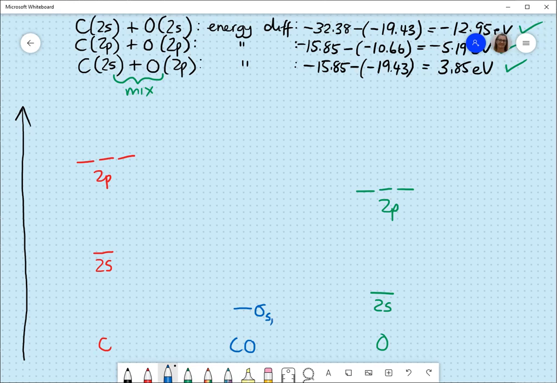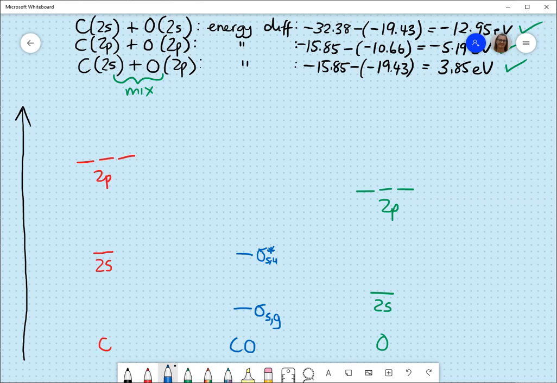Remember, it's a bonding orbital. Because it's s orbitals, it will be gerade. And then we are going to have an antibonding orbital, which is slightly less than the 2s of the carbon on its own. So this is going to be the sigma star. It will be from the s interactions, and remember that it's ungerade.